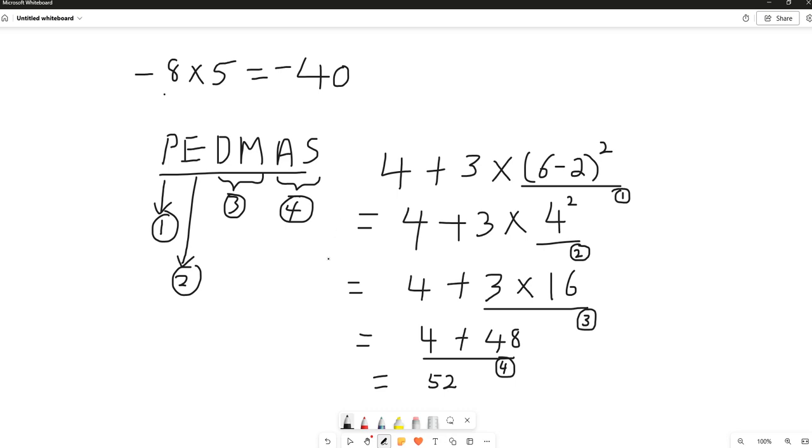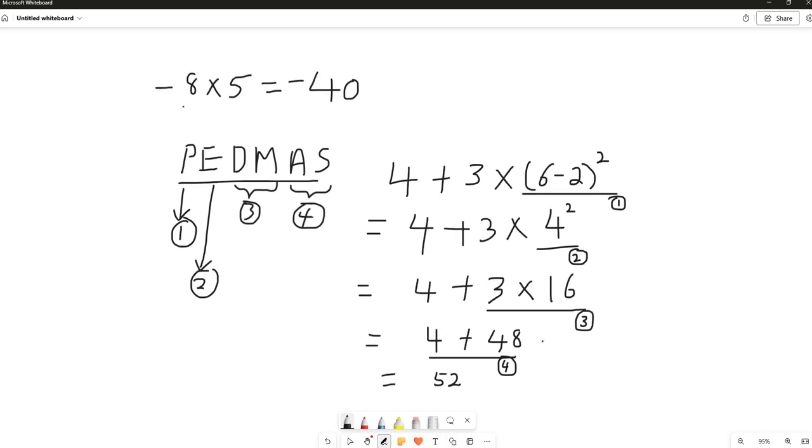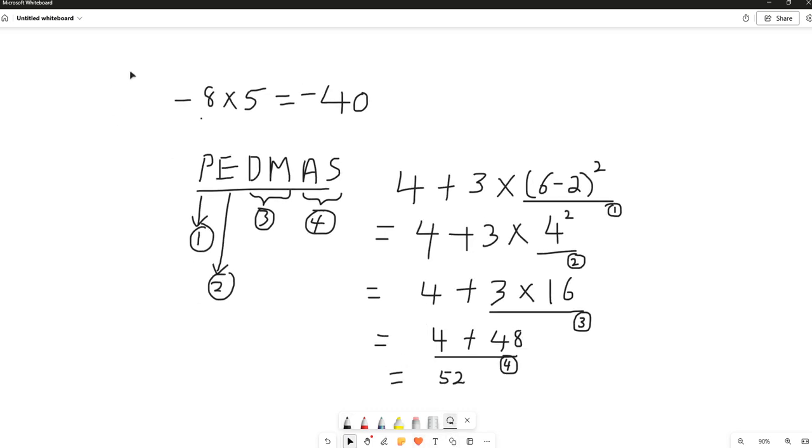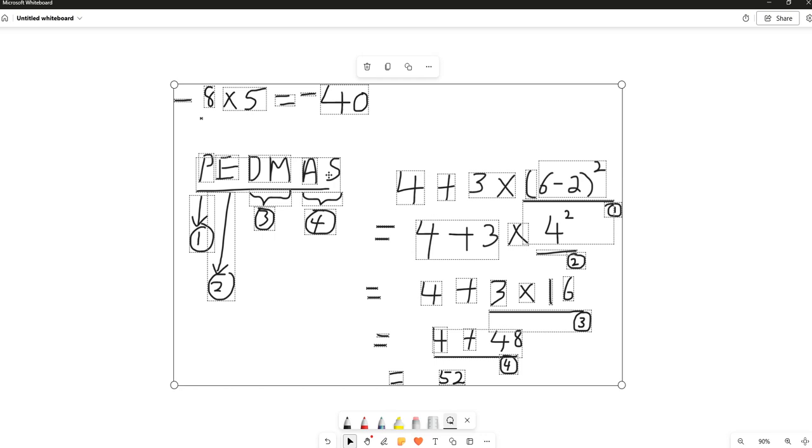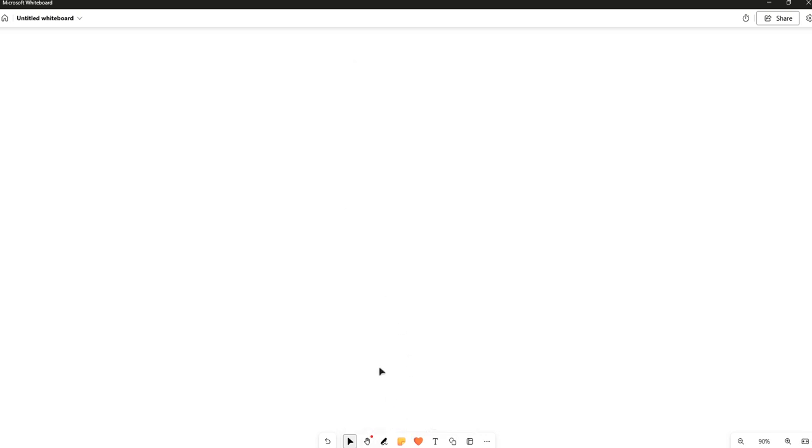Now for numbers, there's also something which I need you to know, and that is the so-called index notation, okay. What does it mean by index notation? I'm going to show that to you right now, okay. Index notation means I need you to put the power over there. So for instance, if you have something like that, I expect you to have a final answer of 2 to the power of 2 times 3.